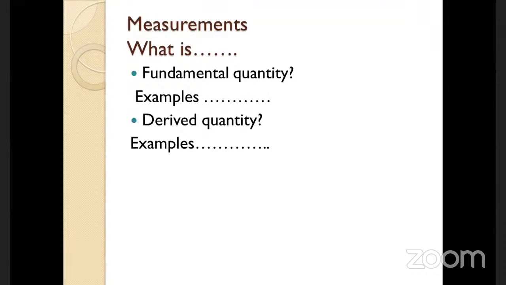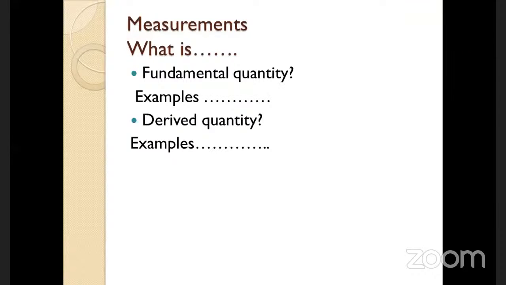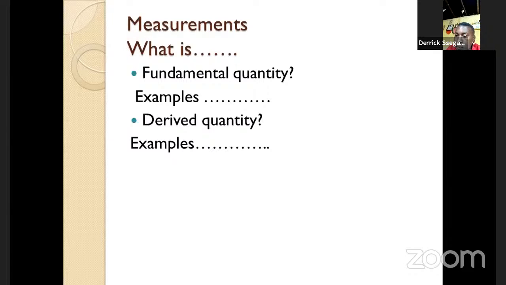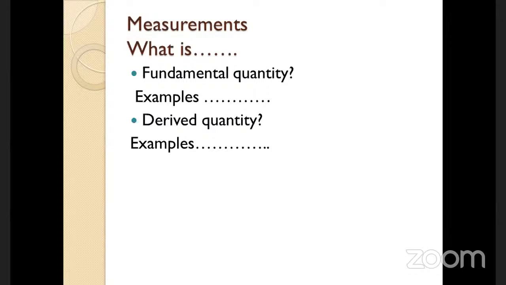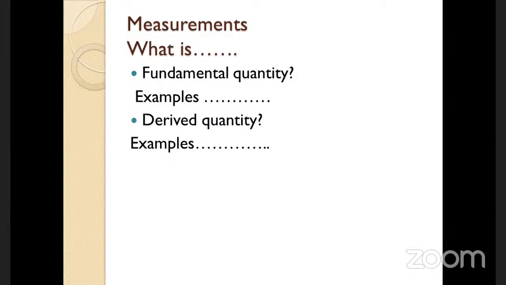These fundamental quantities, as he has just well stated, are physical quantities which cannot be expressed in terms of other quantities. What is the other name for fundamental quantities? It is a term which we prefer using in O level.